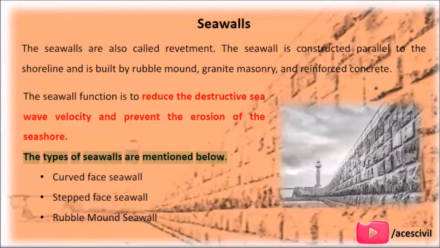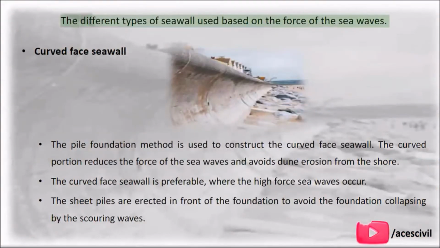The types of seawalls are mentioned below: curved face seawall, stepped face seawall, rubble mound seawall. The different types of seawall are used based on the force of the sea waves.